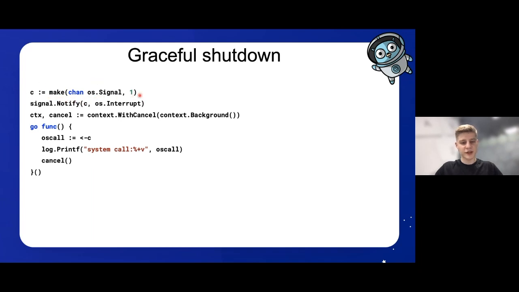Basically, here we're creating a channel with type OS signal, and we send some value. And here, when we get this notification with the interrupt signal, we create the context, which we'll consider as well, and close out the operation gracefully.